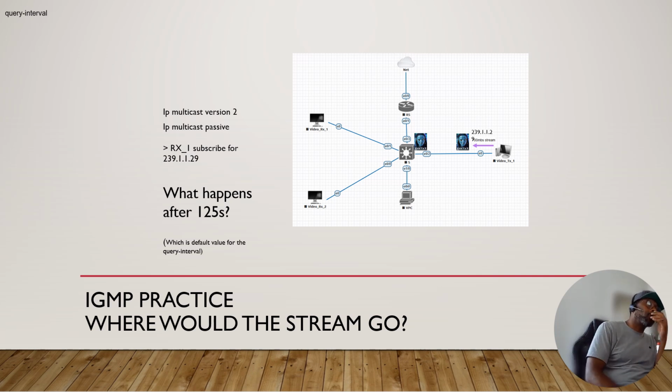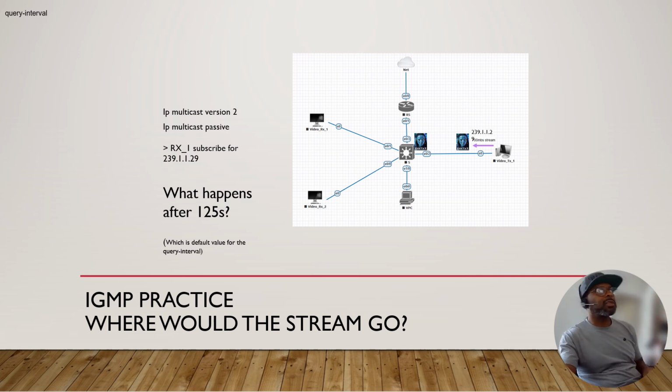To get a little more technical, after 125 seconds, the router or switch sends a general inquiry on multicast IP address 224.0.0.2 to the members of the multicast group. If there's no reply after a few inquiries, then that non-responsive device is removed from the membership.